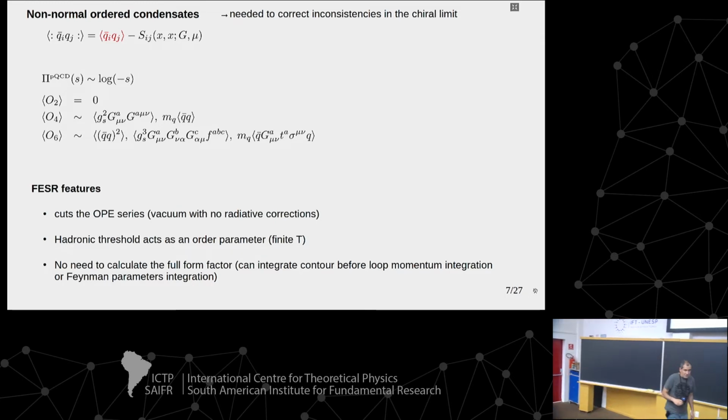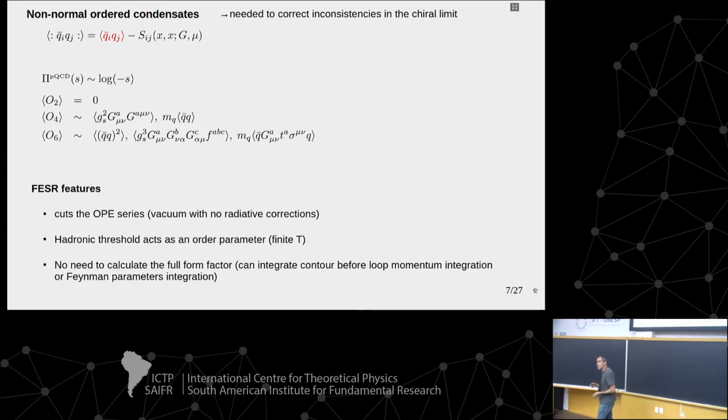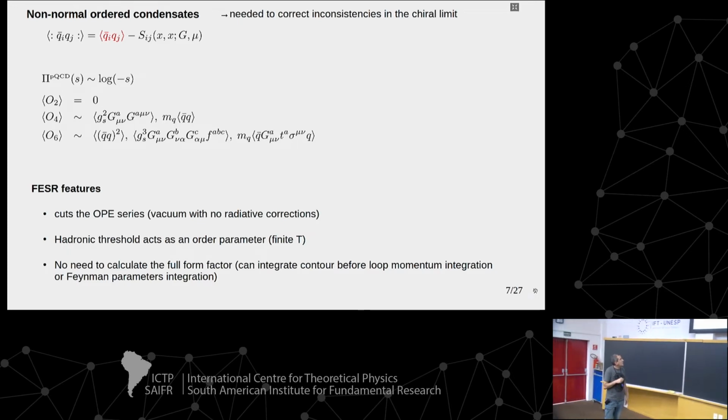One of the advantages of the phasors is that they cut the OPE series. This is an infinite series, but if you use this analytical kernel, it cuts the series exactly. You don't need to suppose an approximation that becomes stable in some region, for example, like Borel sum rules. Also, the hadronic threshold is an order parameter.